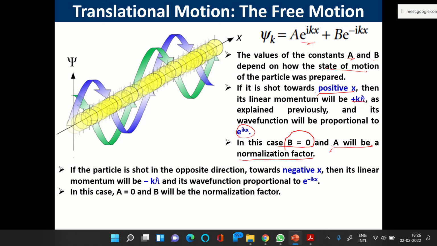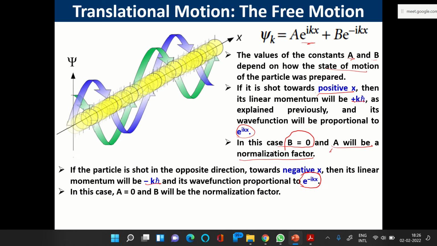On the other side, in the same manner, you can think of throwing the ball in the opposite direction, the minus x direction. If you throw the ball in the minus x direction, then the linear momentum will be minus ħk, and the wave function will be proportional to e to the power minus ikx.